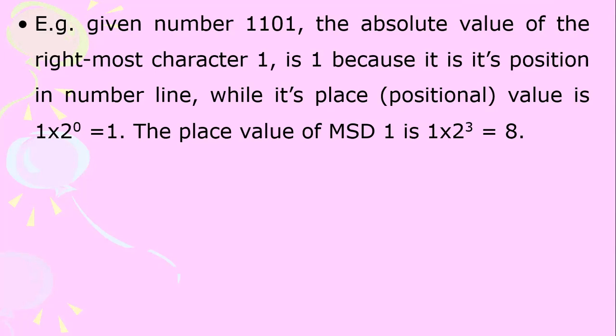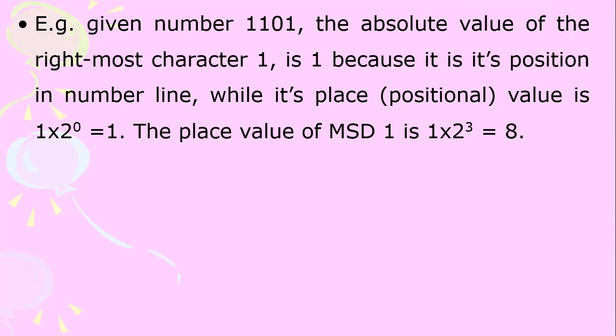Remember, the least significant digit, the rightmost or last character in a number, has its positional value computed by raising the number system's base to 0.